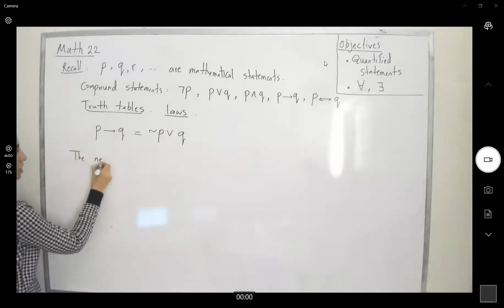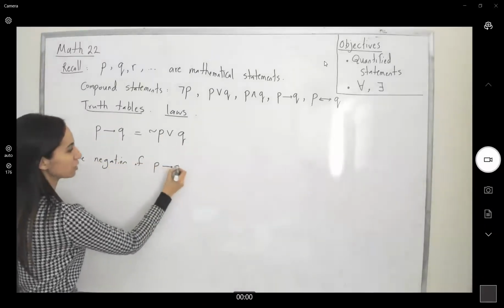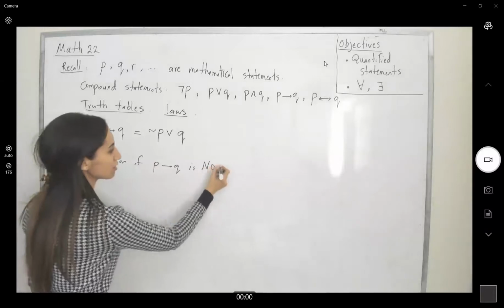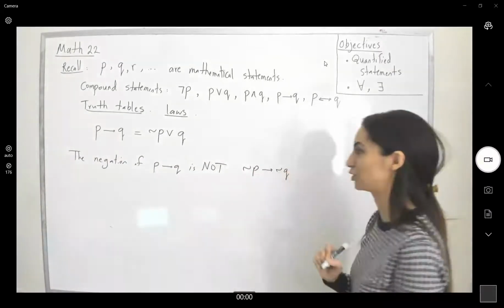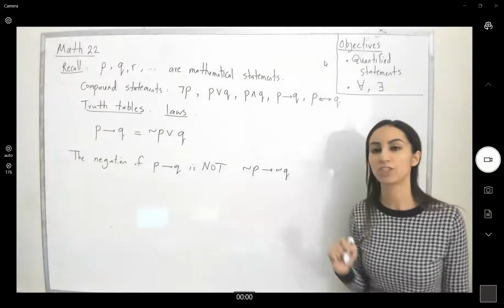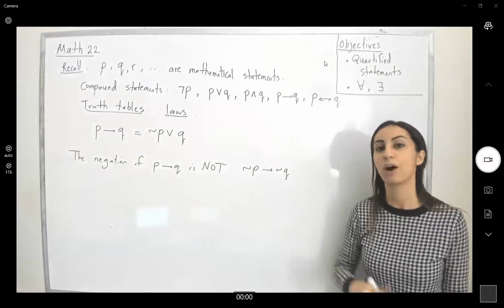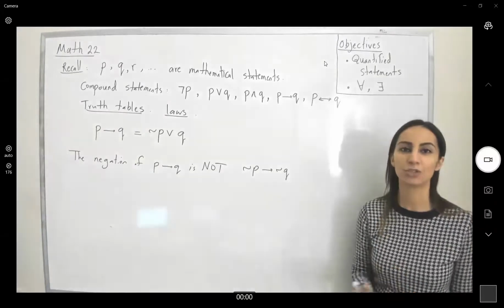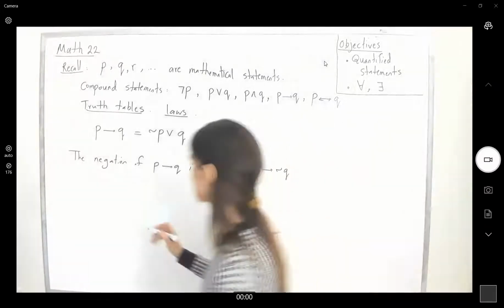The negation of P then Q is P and not Q. To find the negation of P then Q, we have to convert that into not P or Q, then use De Morgan's law to distribute the negation.